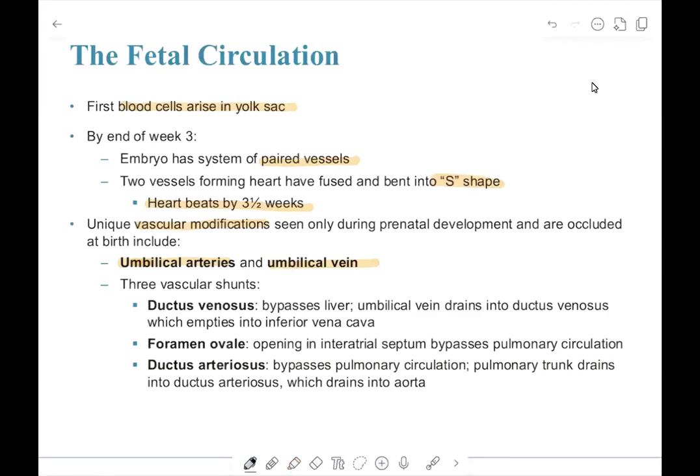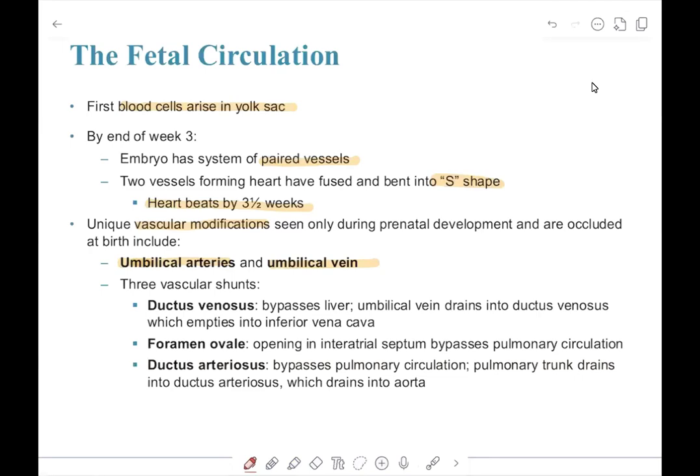Now, when we talk about the umbilical arteries and the umbilical veins, these are opposite of what we've learned for most arteries throughout the body. You know that the majority of arteries carry oxygenated blood, but remember a couple exceptions are those pulmonary blood vessels, also the umbilical blood vessels.